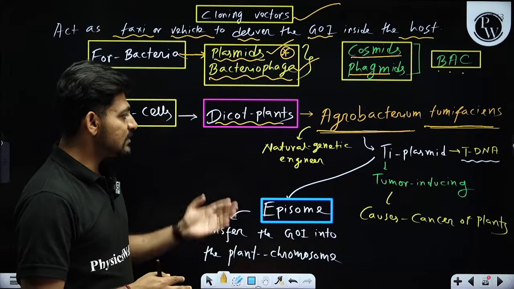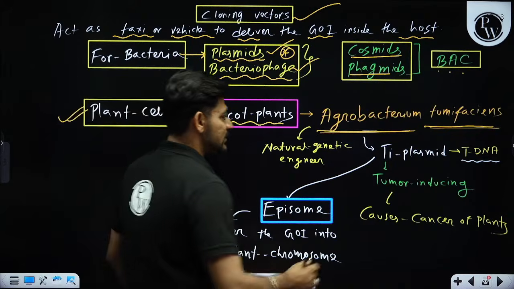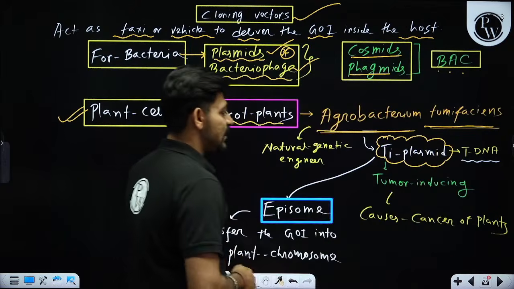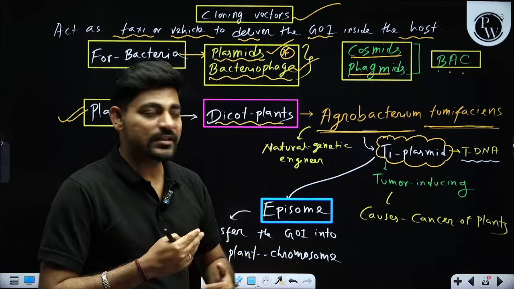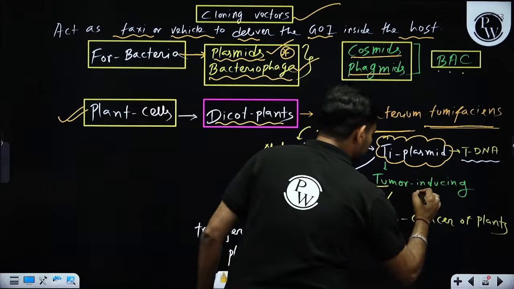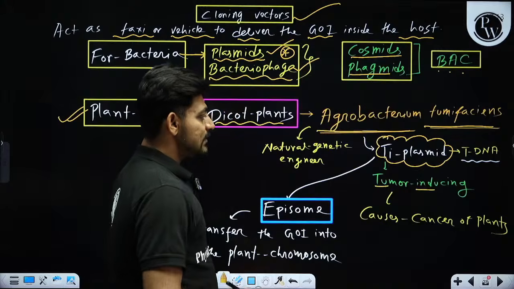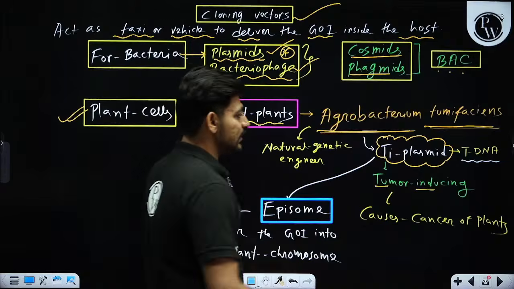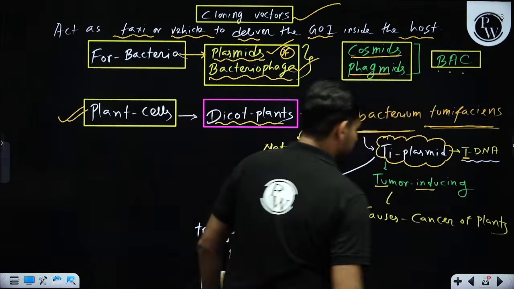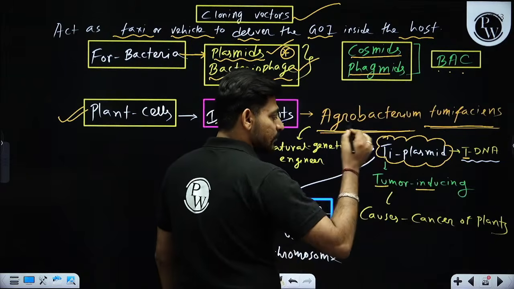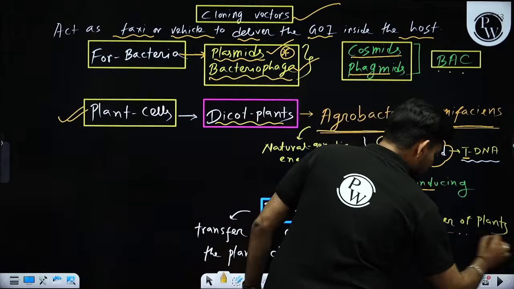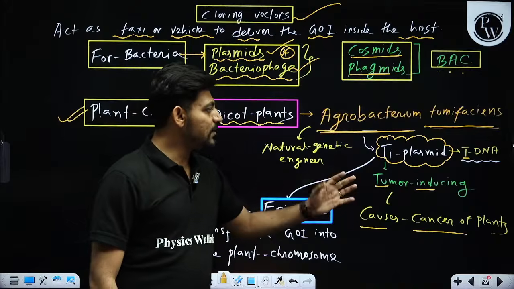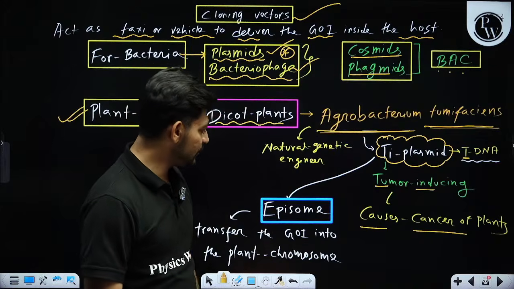This Agrobacterium tumefaciens has a special plasmid called TI plasmid, or tumor inducing plasmid, and that tumor inducing plasmid has a special set of DNA called tDNA that can cause tumor or cancer in plants. So that is the normal function of Agrobacterium tumefaciens.